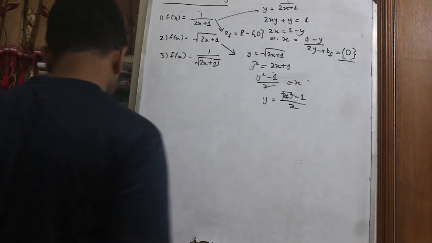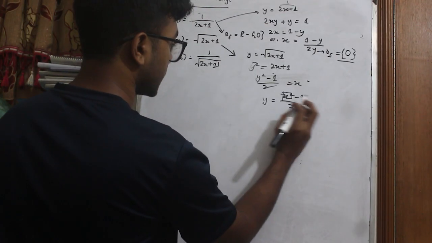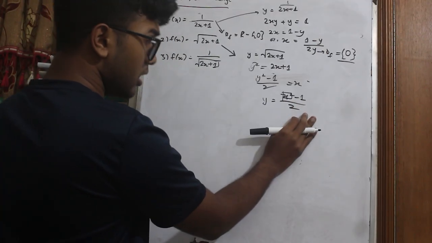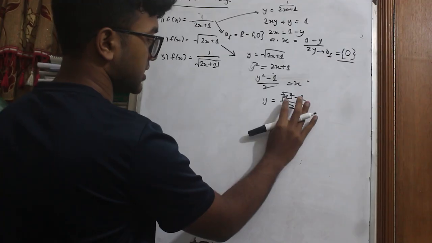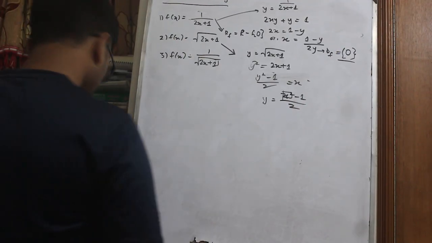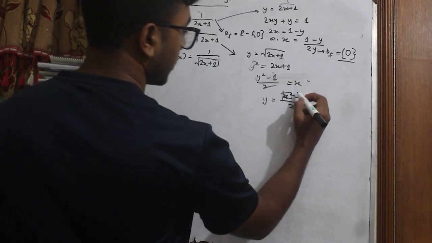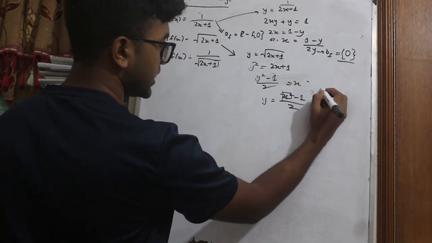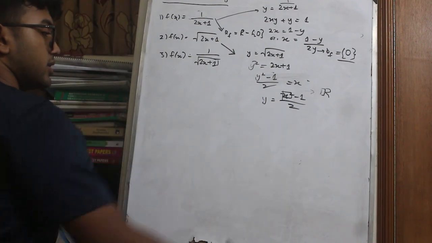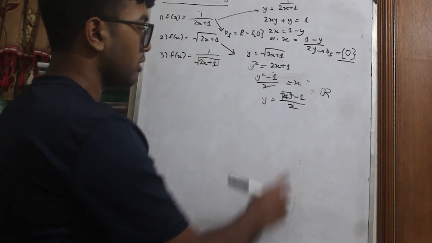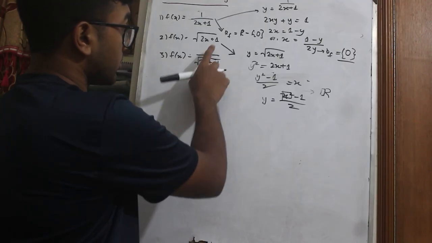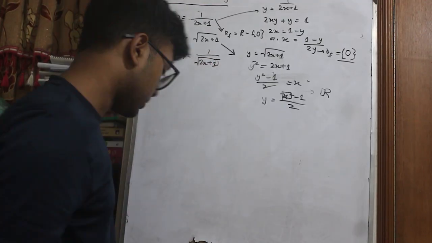What were we saying? We were saying that the inverse function of the original function shows the range of the first function, because the domain of the inverse function is the actual range of the first function. So here we can see that there are no conditions on x, so it must be that the domain here is all real numbers, so the range of the original function is all real numbers.